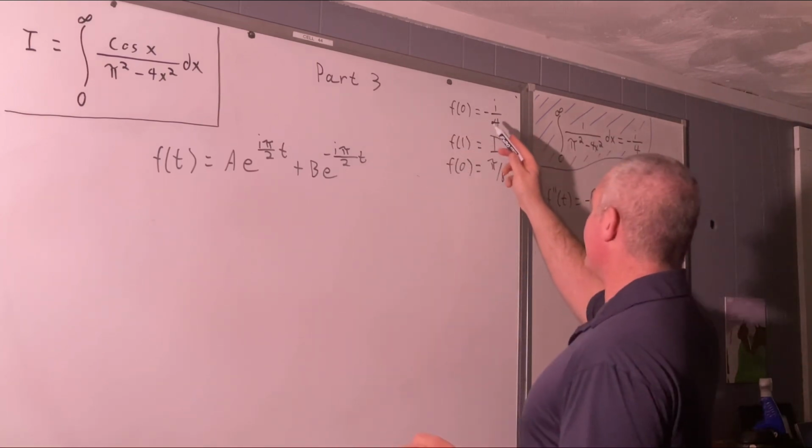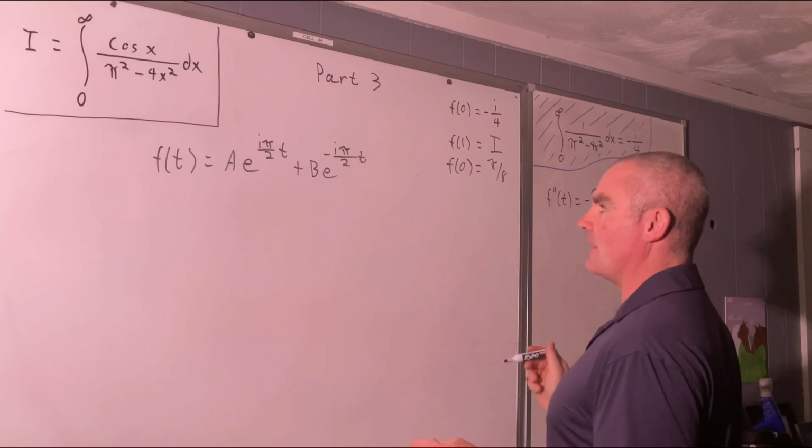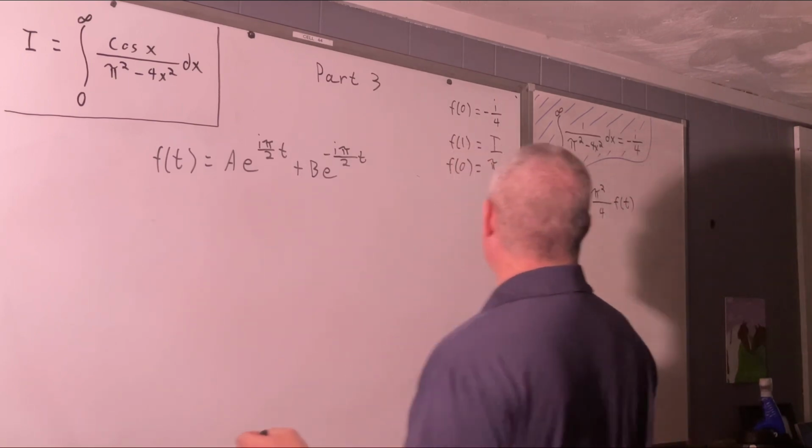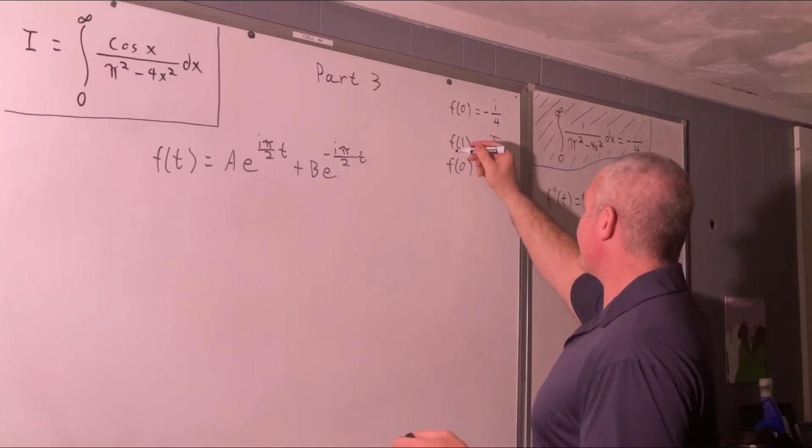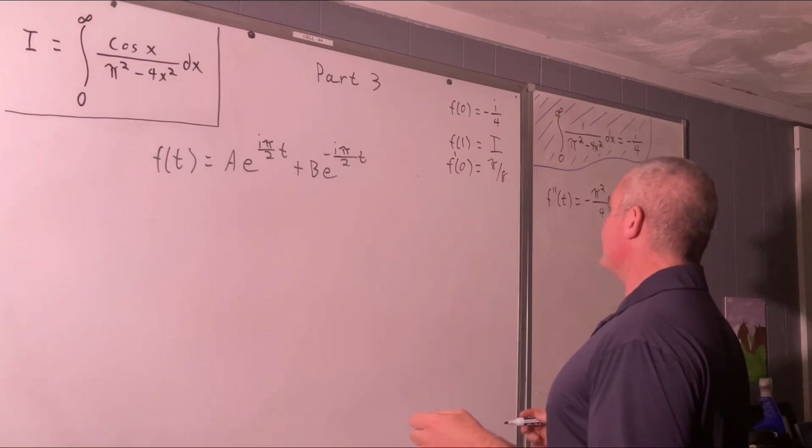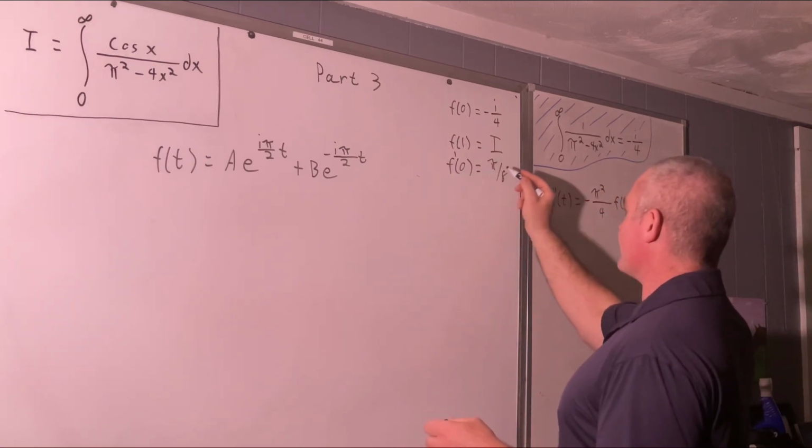And we have some values for f at certain points, so that's good. But we need to use, oh, this is f prime at 0. We need to somehow use f prime of 0 is equal to pi over 8.